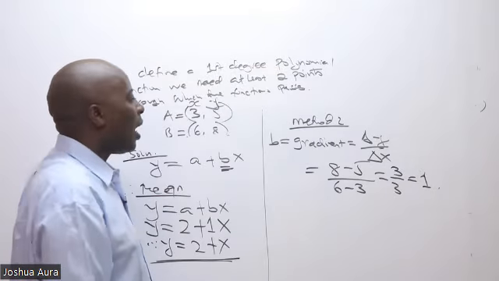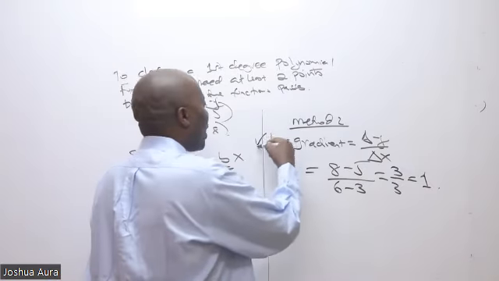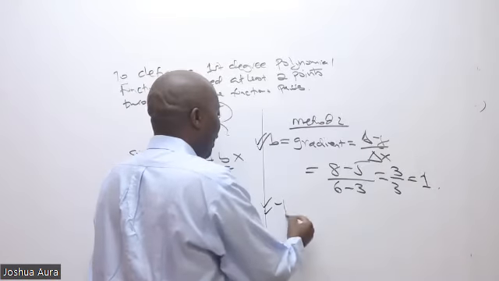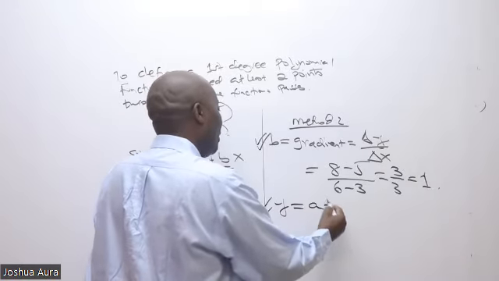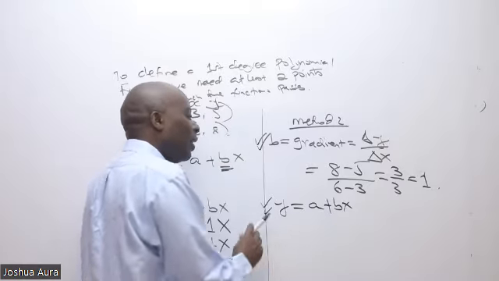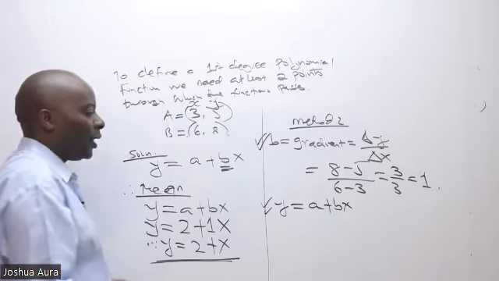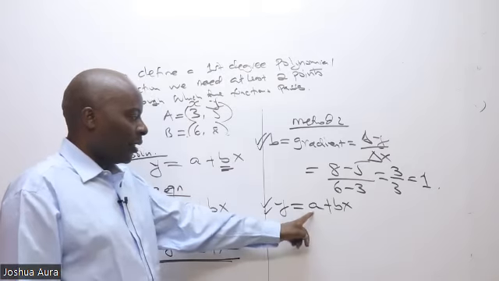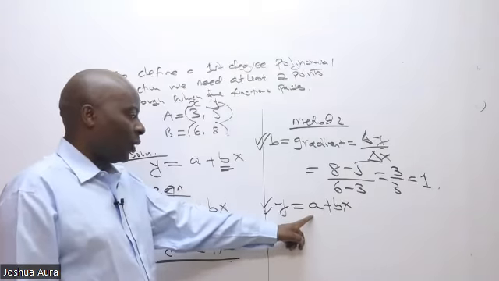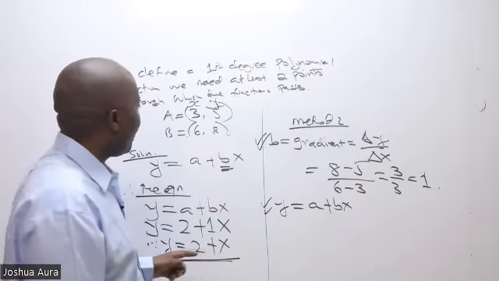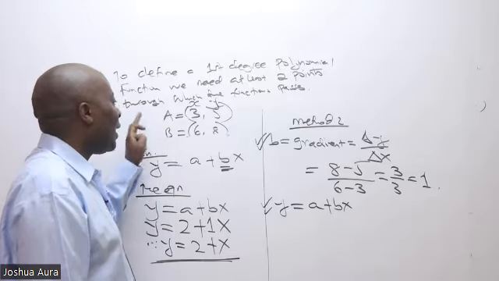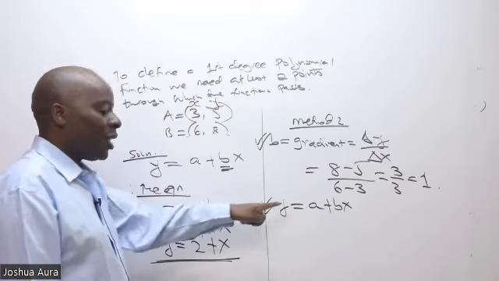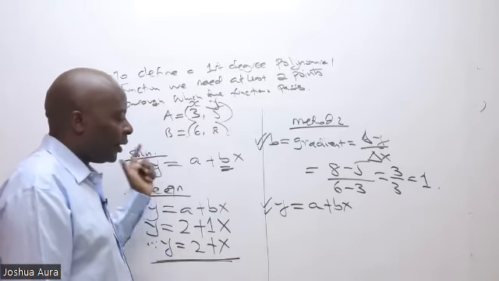After that, to get the value of A, I'll come and use the general equation. I know that my Y equals A plus BX. Now I've got every other thing apart from this small A, the Y intercept. So what I'll do, ladies and gentlemen, is pick either A or B and plug the values here. Any will give me the same answers.